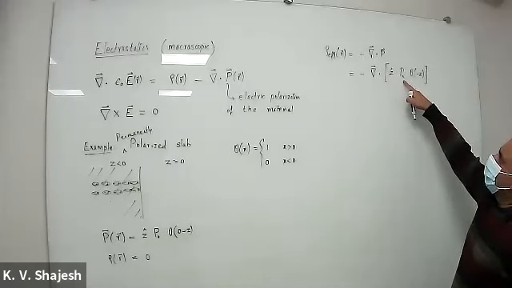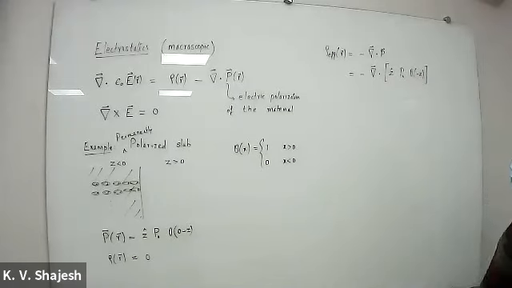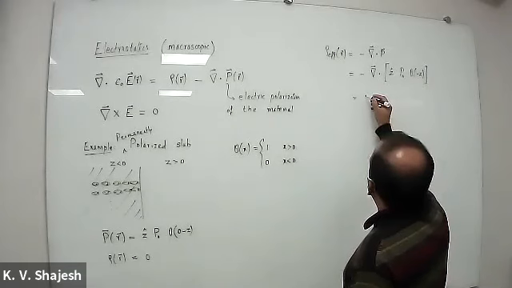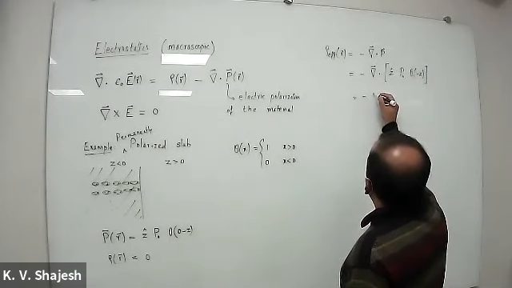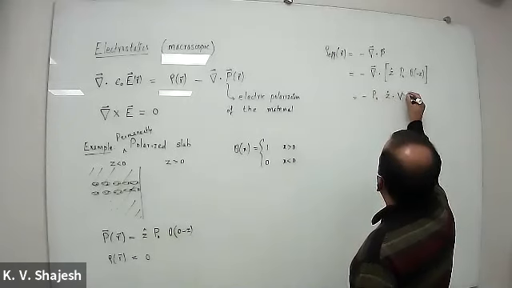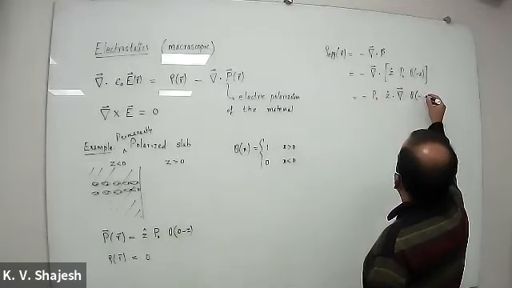This is a constant, and this is the only quantity that depends on the coordinates. So this acts only on this. So this is minus P naught times z hat dotted with the gradient operator acting on minus z.